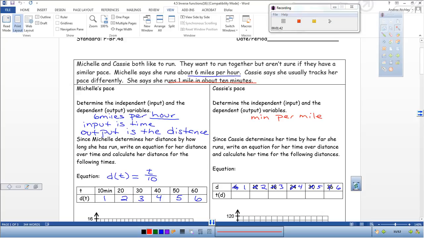Okay, so this is what I'm going to say. I ran 6 miles. How long does it take me? So the miles now are the input. And so your output is the time.